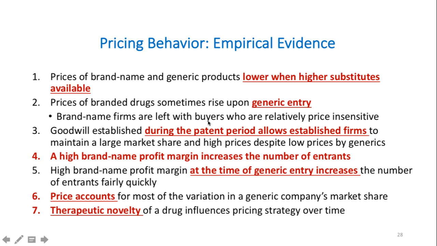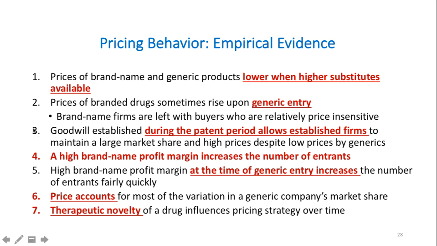They don't want to switch to the new generic drugs, even if those drugs are as effective and even with the lower prices. So therefore, these branded drug firms can even increase their price to compensate for their lost market share, because the buyers in the market are price insensitive and they don't decrease their demand.